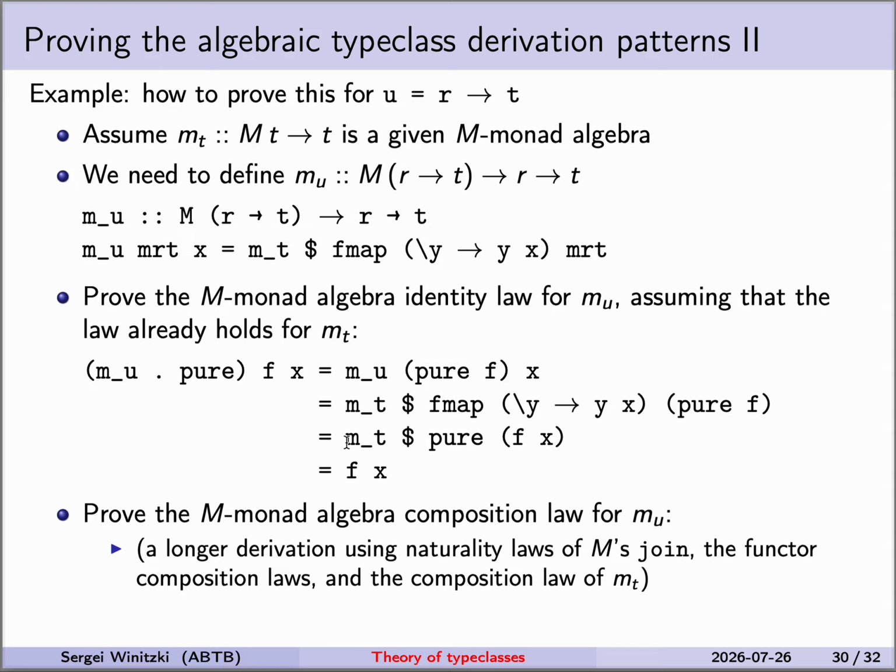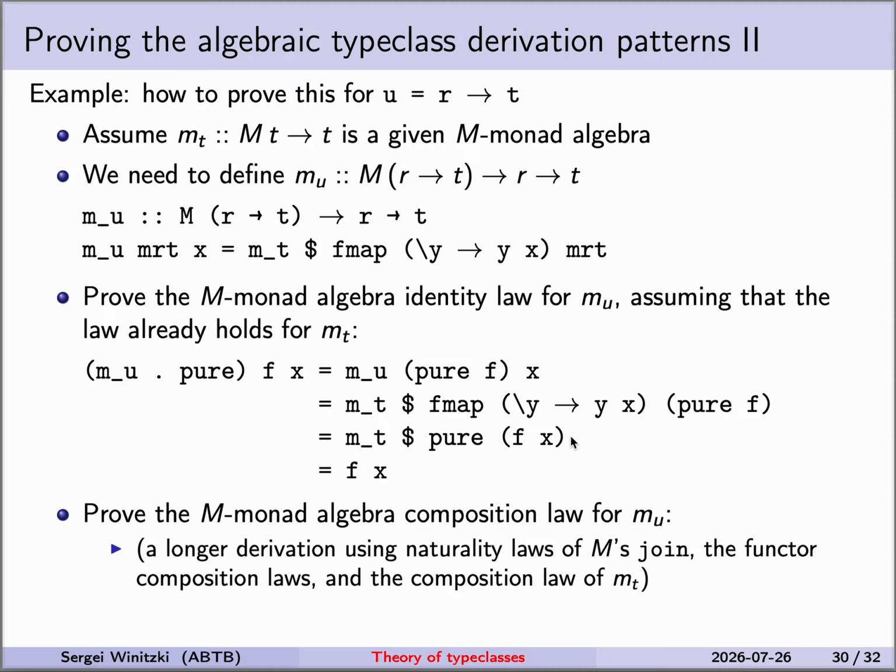This is just the identity law of mt. So it's mt applied to pure of something, and it is equal to that something, because we assume that mt already satisfies the M-monad algebra laws. And so now we have also shown that mu satisfies it.